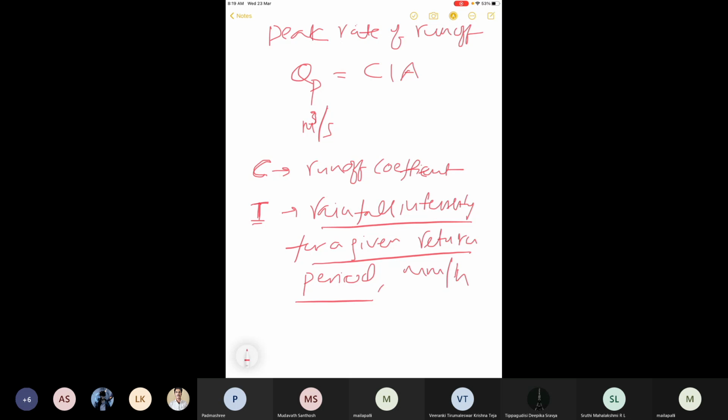Within this 5 year period, this 10 mm per hour can occur anytime. That's the meaning. And A is equal to the area of the catchment, that is in hectares. If you make the units in hectares and all, you will have the formula.